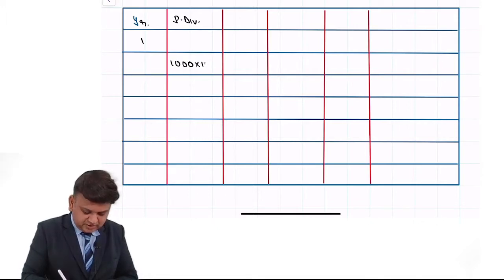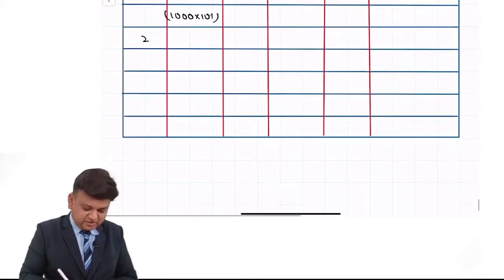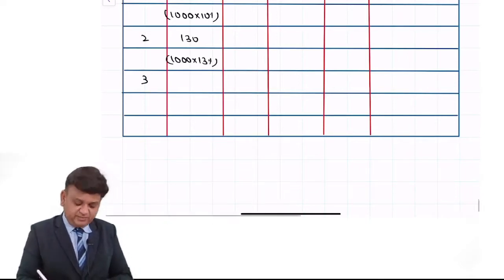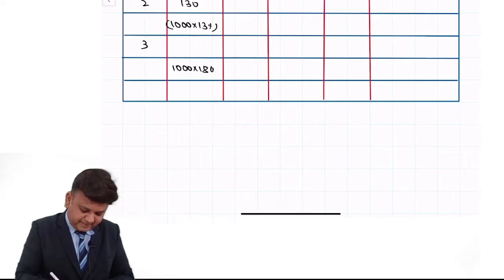So 1000 into 10 percentage, that is 100. Second year it is 13 percentage, so it is 1000 into 13 percentage, that is 130. Third year it is 18 percentage, so it is 1000 into 18 percentage, that is 180.